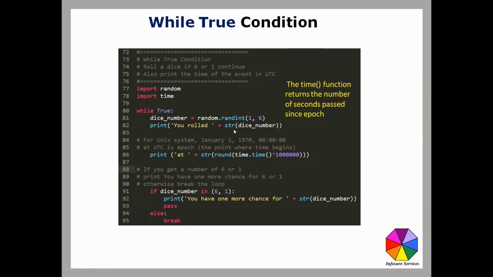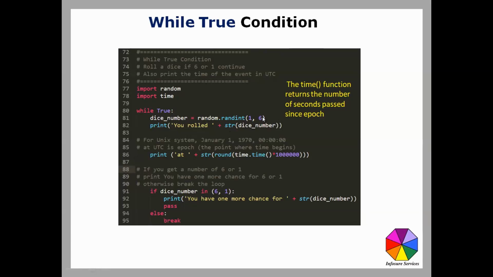Now, what we are doing to generate the roll of a dice is using the random number module. So random.randint is a random integer between 1 and 6. So while true, randint 1 to 6, this is going to be your dice roll number.